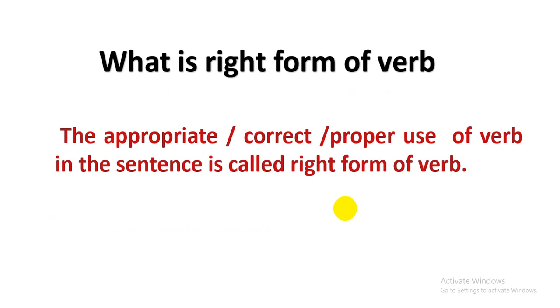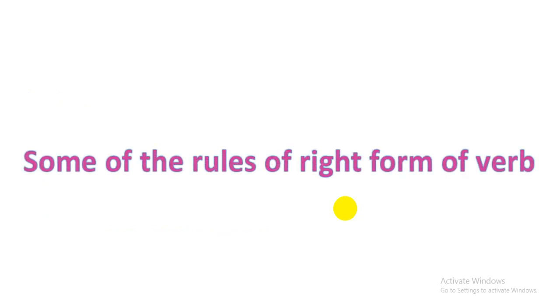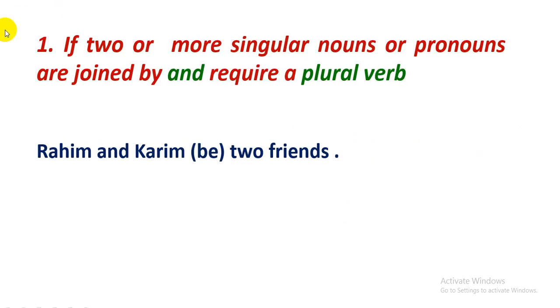Dear students, there are some rules to use right form of verb. Let's see some of the rules of right form of verb. If two or more singular nouns or pronouns are joined by and, require a plural verb.